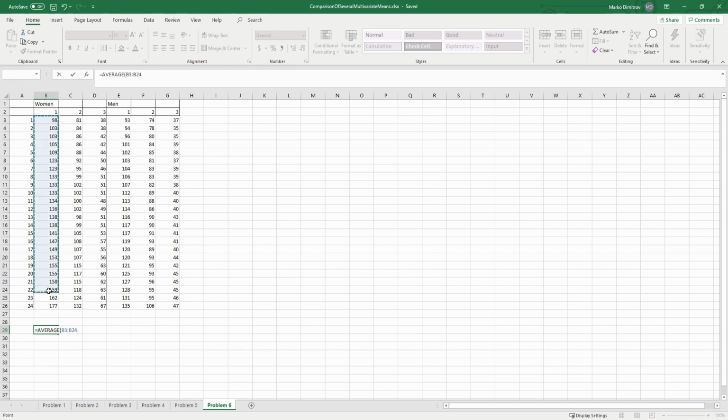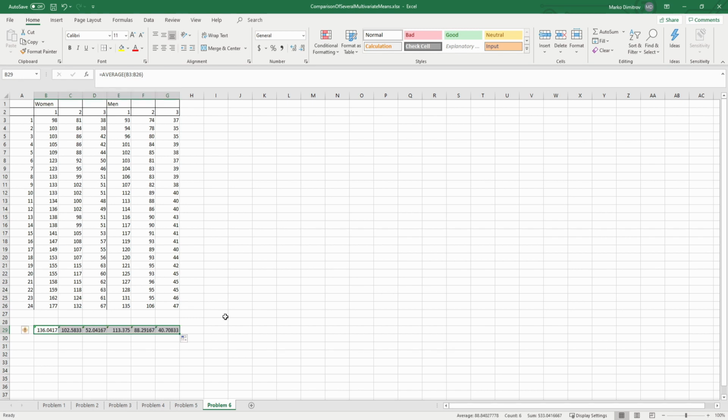You can, for example, think of the first as the length of a shoe, then width or something, and height. And we want to compare those two: length, width, and height. So we want to compare those between men and women.